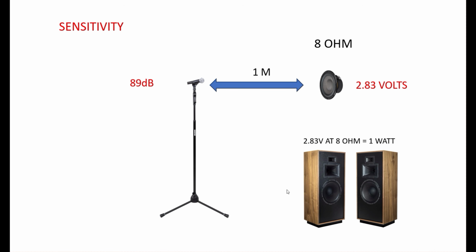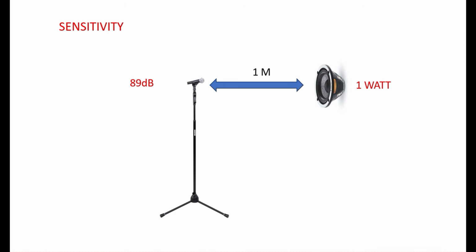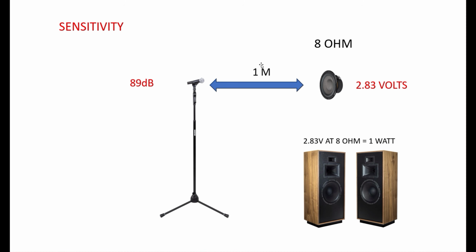So if you're measuring an 8 ohm speaker, then this measurement here is the same, because at 8 ohms, 1 watt is equal to 2.83 volts, right? So same, just using different units of measure.